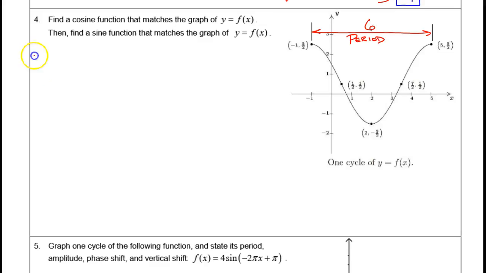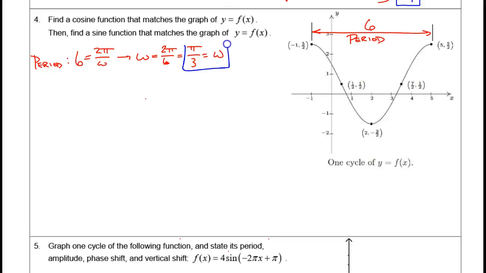So from that, if we go back and look at our formulas up top, the period of a trig function is equal to 2 pi over omega. If I rearrange this equation, I can get omega equals 2 pi over 6, which is just pi over 3. We know this value is called our angular frequency. That's going to tell us our horizontal compression, and it is related to the period of the function.